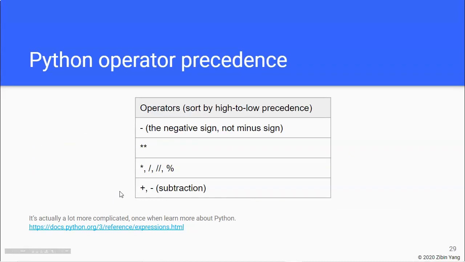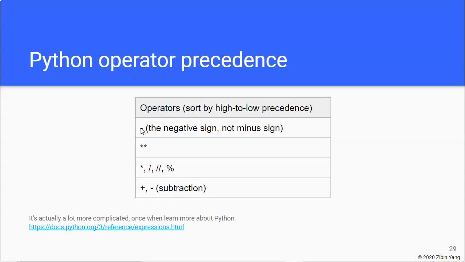Here is a very simplified table listing the operator precedence, and the one at the top is the highest precedence. So if we see the negative sign, the hyphen, it has the highest precedence. But this minus sign means the negative sign, not the subtraction operator.